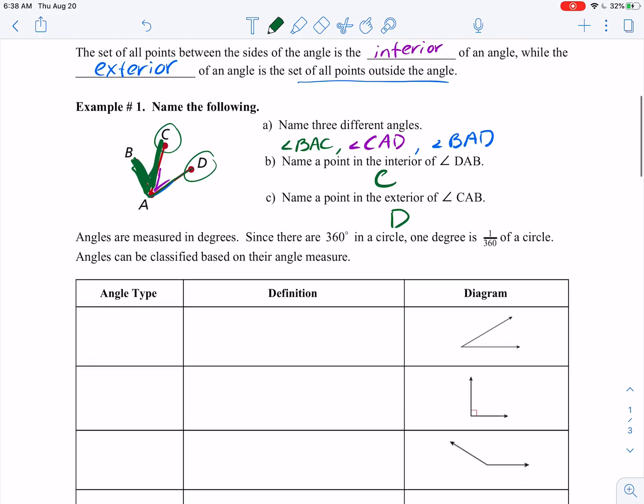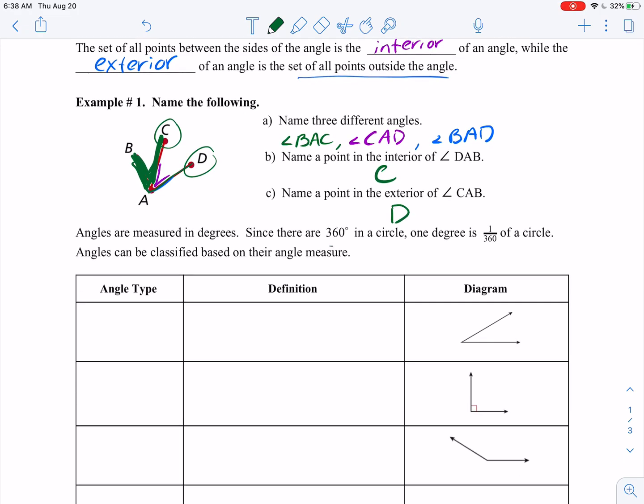Okay, when we're classifying angles, when you see the word classify an angle based on their measure, then we're asking you to classify it based on this angle measure in degrees. So angles are measured in degrees. 360 degrees is a full circle. 1 degree is 1/360th of a circle.